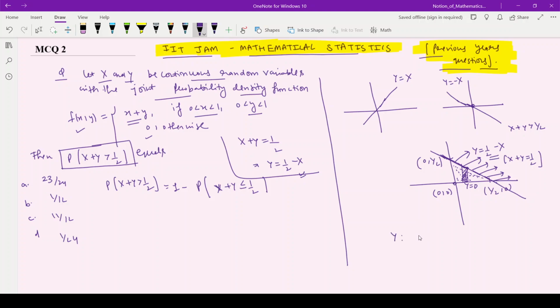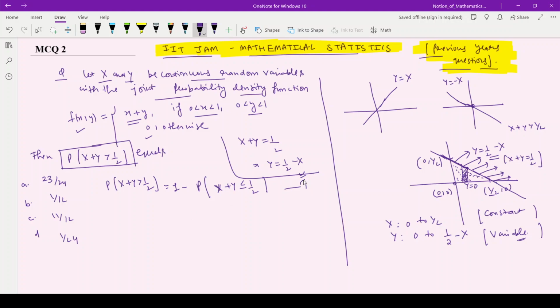So what is the limit of y? It will be 0 to 1 by 2 minus x, and what will be the limit of x? That will be 0 to 1 by 2. We know by the concept of double integration, one is a constant limit and the other is the variable limit. So first of all we will deal with the variable limit.